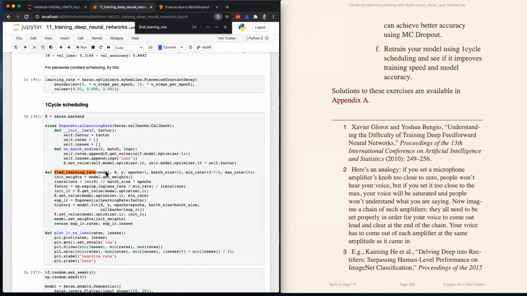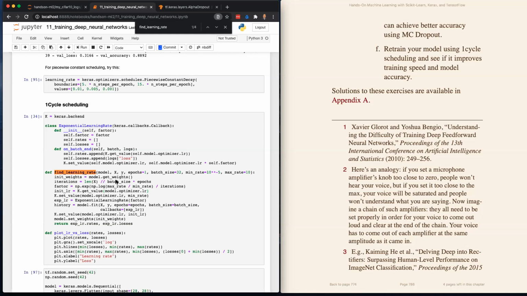So it's going to take a model, X and Y, epochs, and batch size of 32, minimum rate of 10 raised to power -5, and maximum rate of 10. Initial weights, get the model weights. The iterations is length of X divided by batch size and number of epochs.